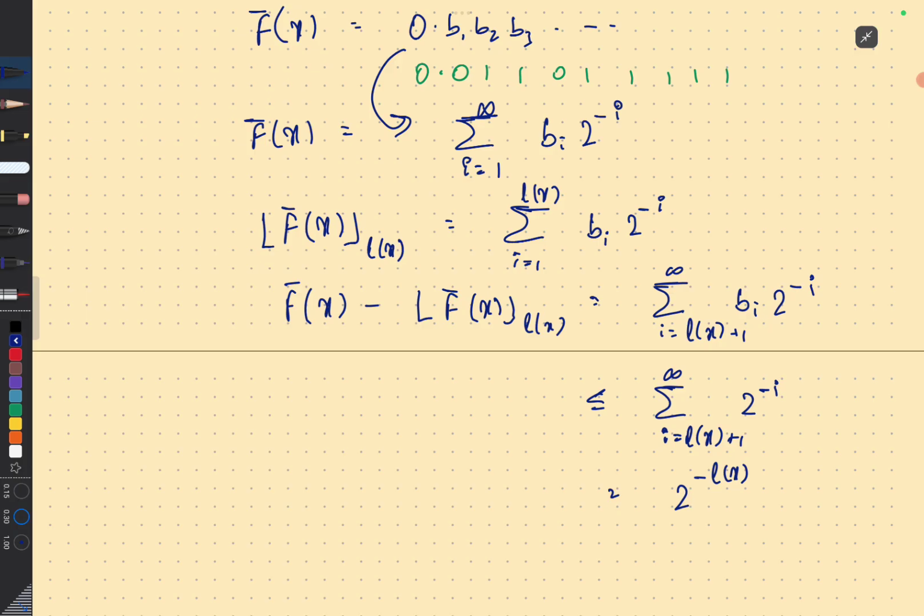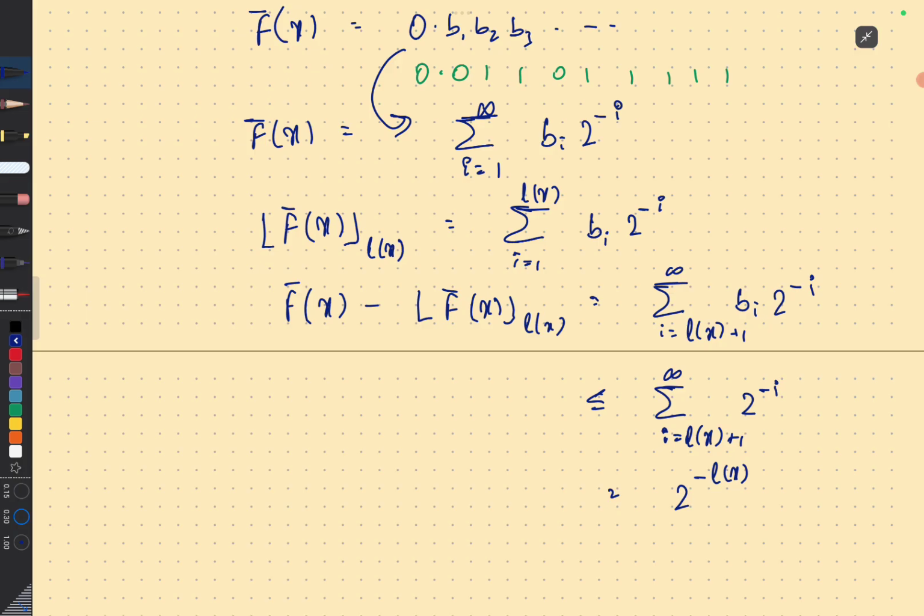Let's say the first symbol, this is 0, 1, 2, 3. These are the symbols. And so on.